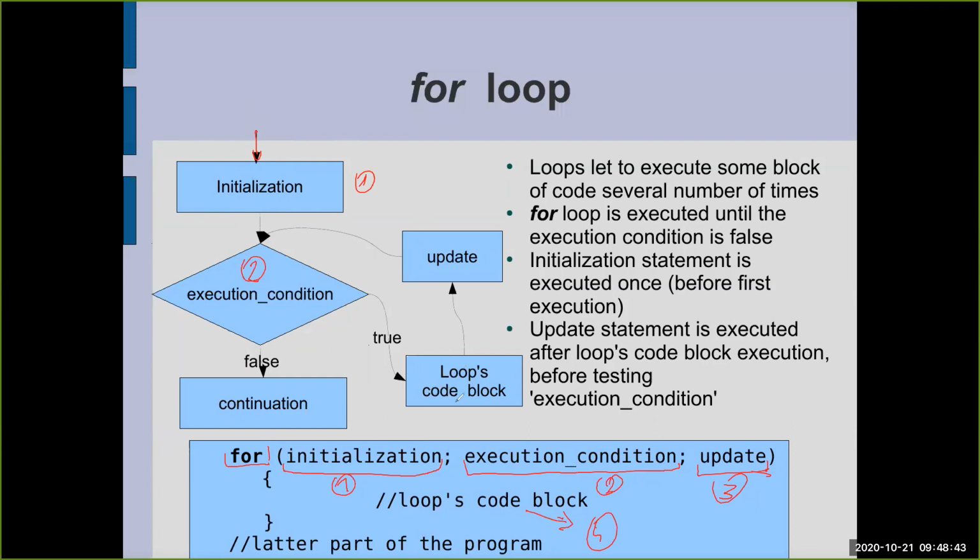If it is true, the loop's code block, number 4, is executed, and then the update, number 3, is processed. And then again execution condition, loop's code block, update. And it goes on like that as long as the execution condition is not false. Then we go to the latter part of the program.